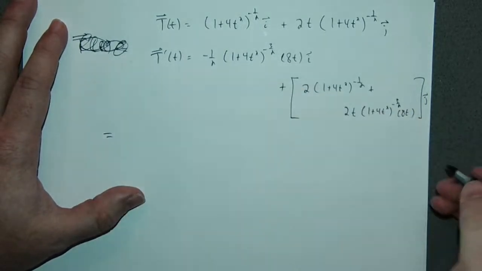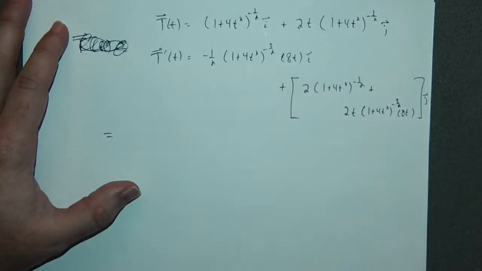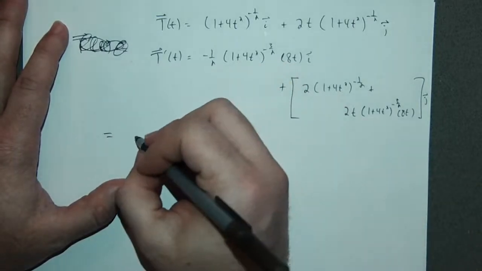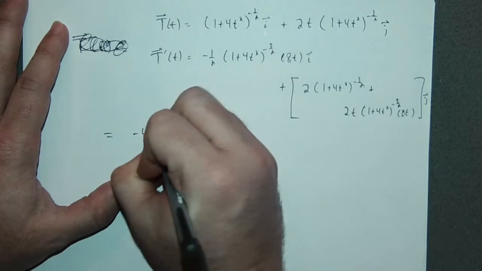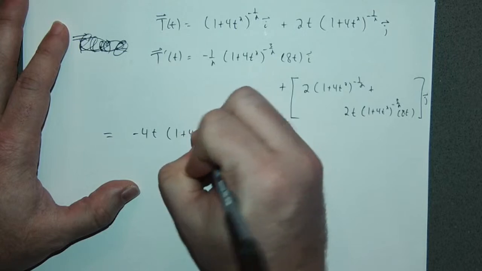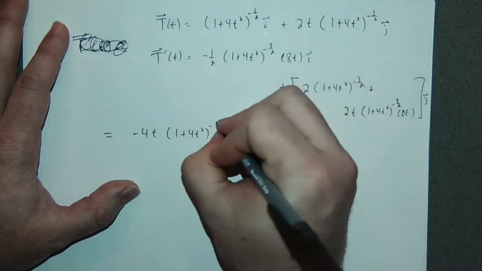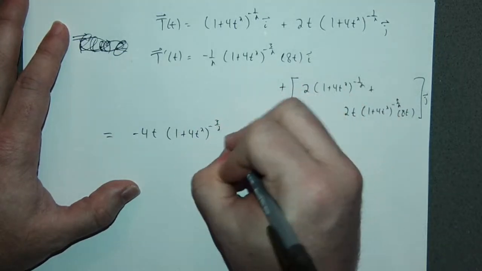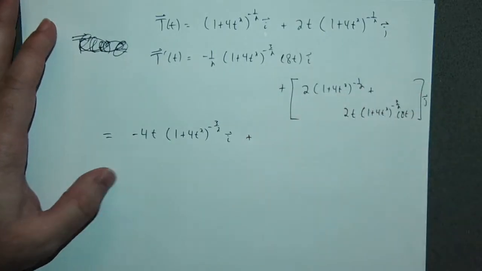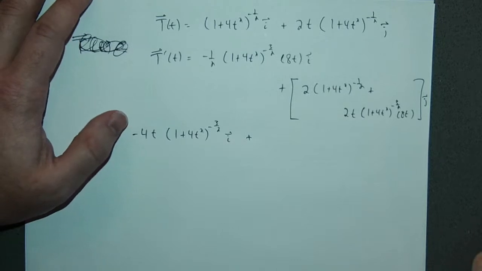So what is this? Let's simplify this a little bit. So this is going to be minus 4t times 1 plus 4t squared to the minus 3/2 i plus some ugly quantity here.